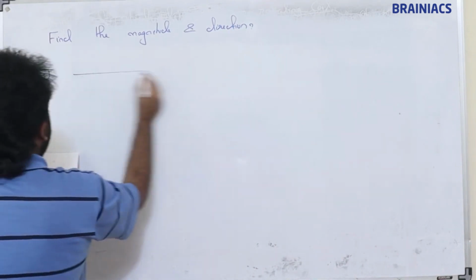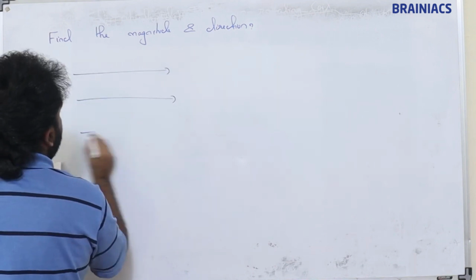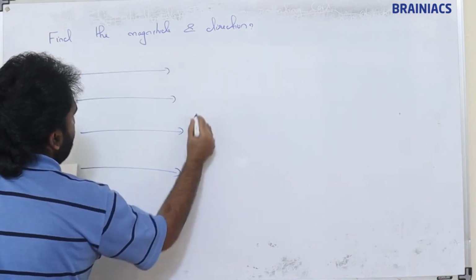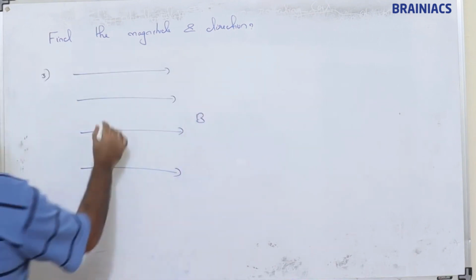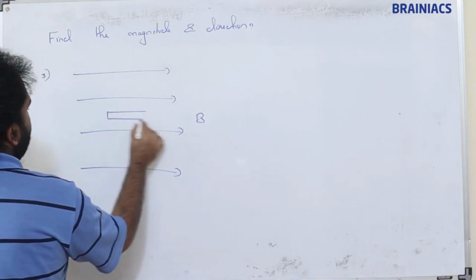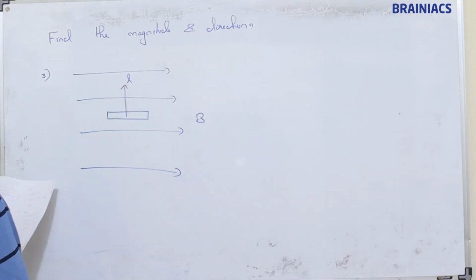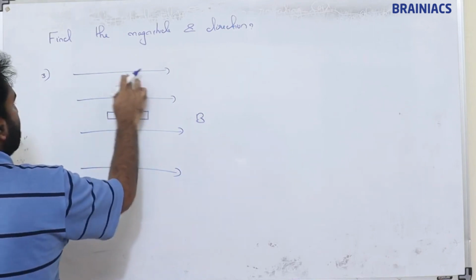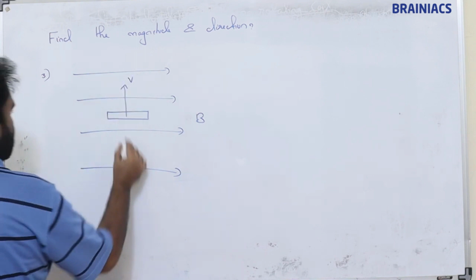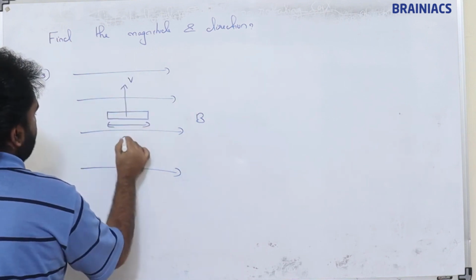Okay, again, right, so this is the direction of magnetic field, and this is the conductor. This is moving upwards. Okay, sorry, velocity. And this is the length.